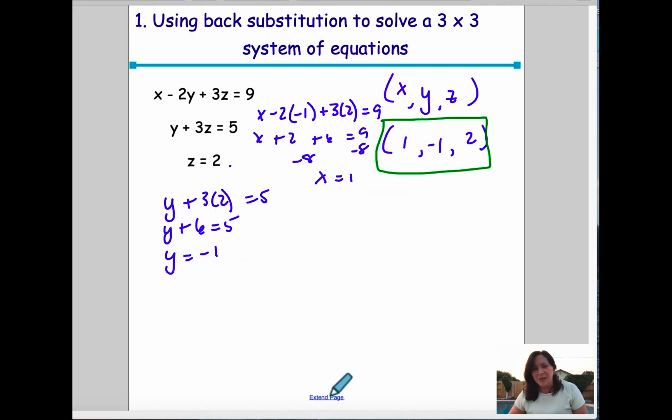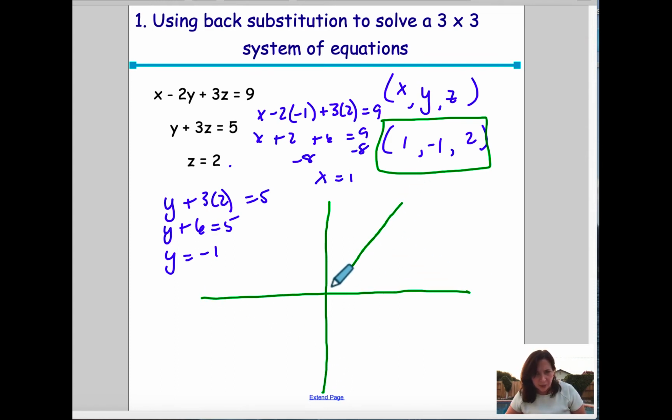But I do want to show you graphically what that actually could look like. I'm not going to graph the 3 planes. I'm going to show you this with a vector so that you can see where the actual point of intersection is on this XYZ axis.